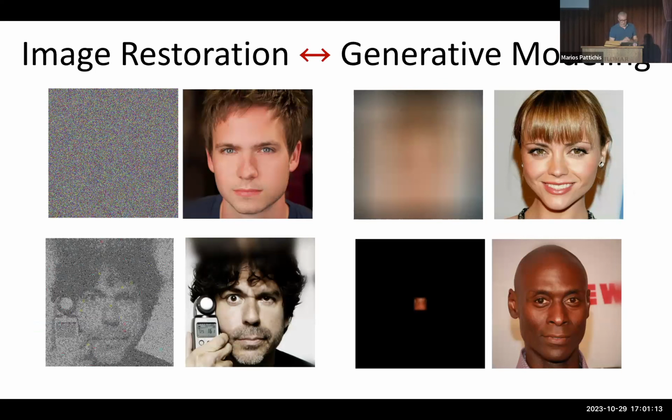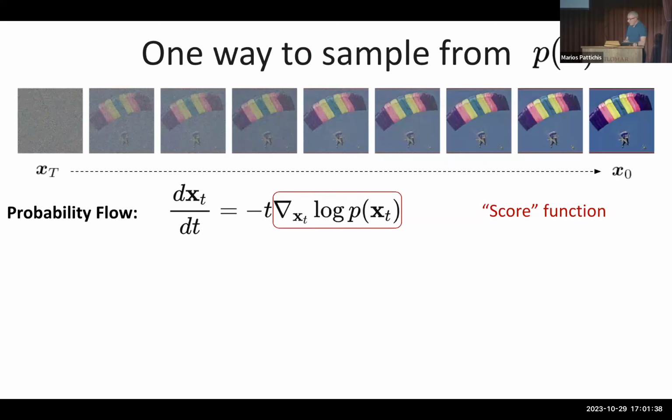So one thing that we realized immediately was that what people call generative modeling, which is you start with noise and you generate an image, is sort of an extreme version of what we've been doing for decades, which is image restoration. And so we wanted to put these things into a perspective where it made a bit more sense to us. All right, so let's see how we might do this.